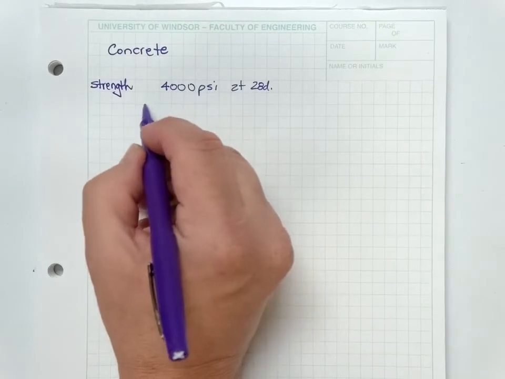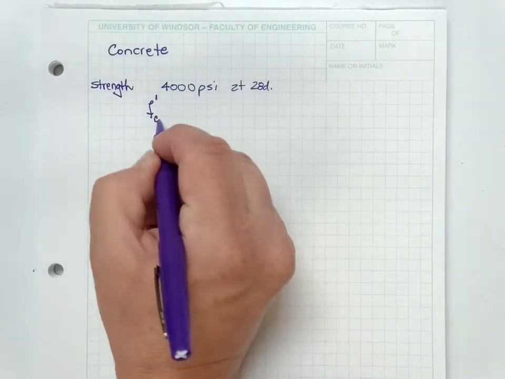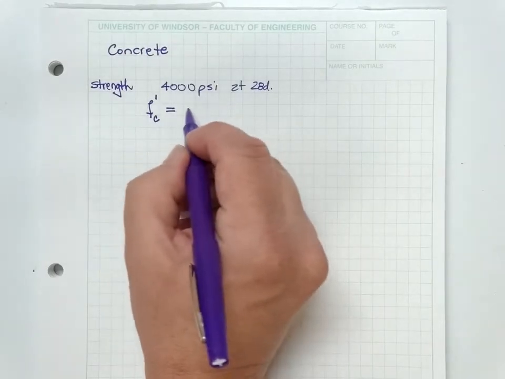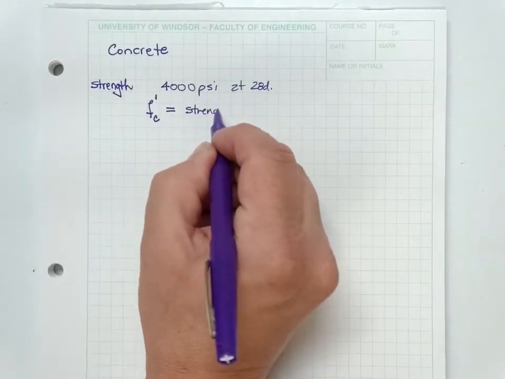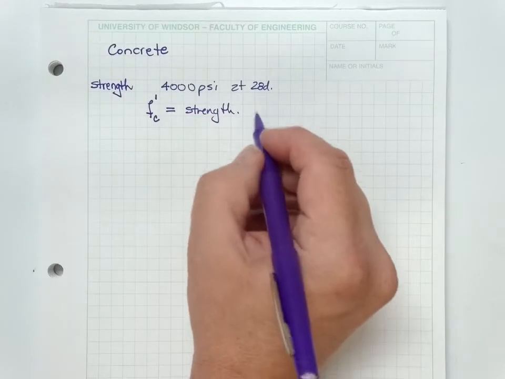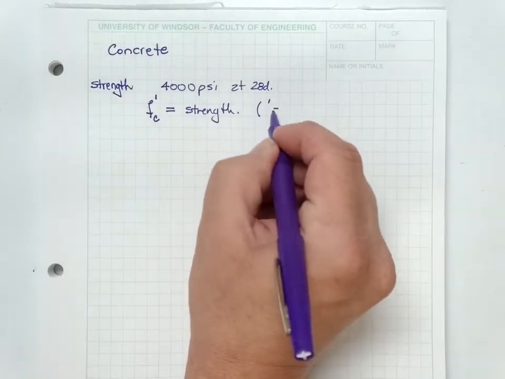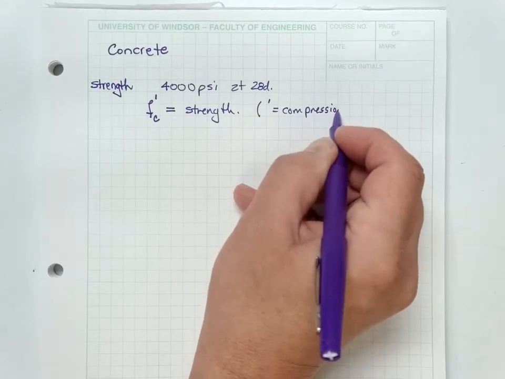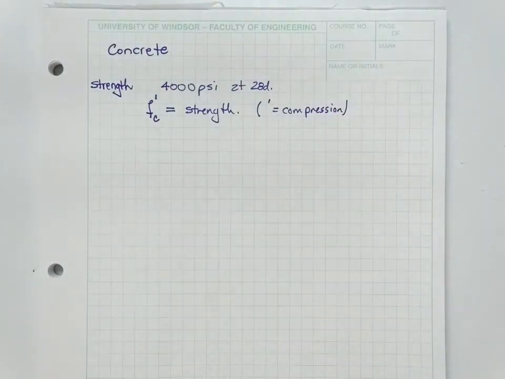We use a symbol, F prime C, and that is the strength of the concrete in compression. The prime is compression. Like a lot of the types of classes that you take, and the ones you take from me for sure, we learn vocabulary.